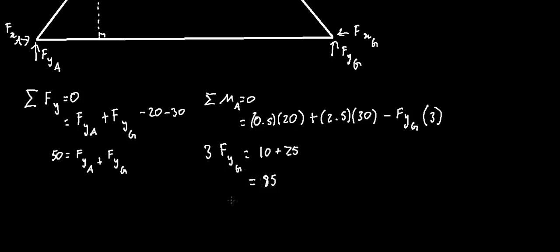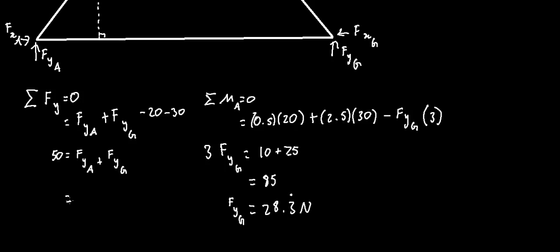So Fyg is equal to 85 over 3, which is 28.3 repeating kilonewtons. Now I just plug this back in, which makes 50 minus 28.3 repeating, so 28 and a third.